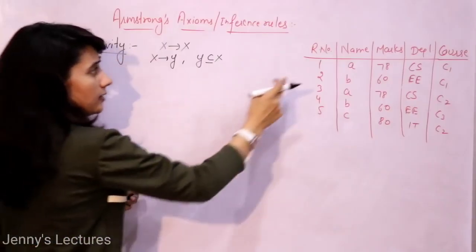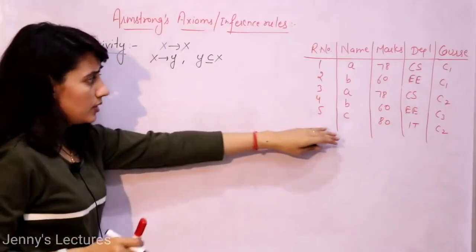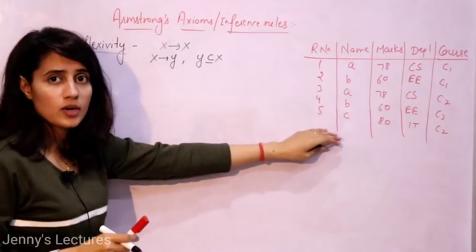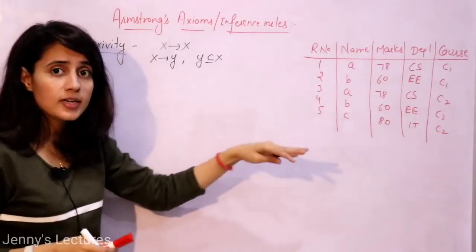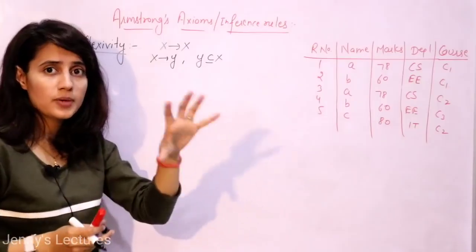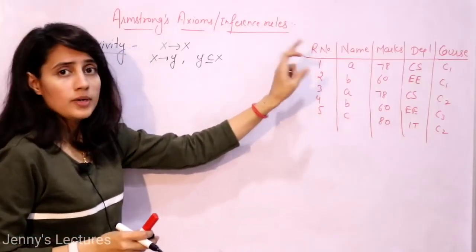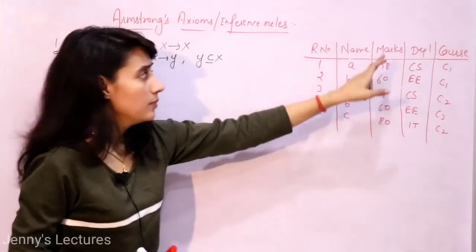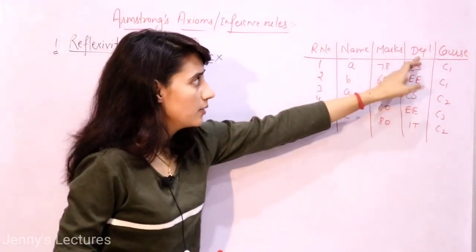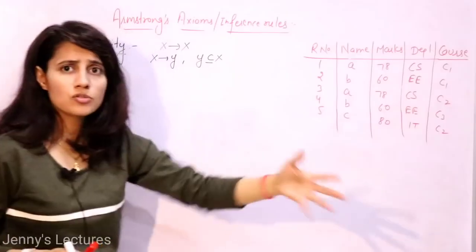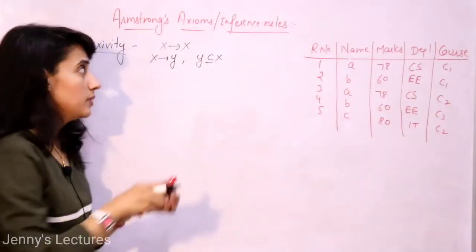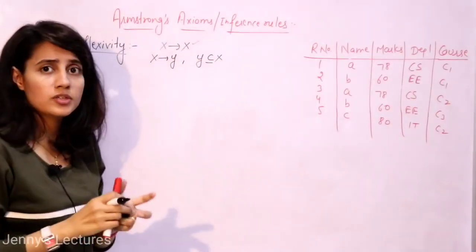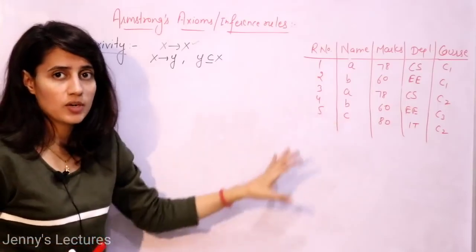So if you are given this table and you are asked for the functional dependencies, then definitely the 5 functional dependencies would be roll number determines roll number, name determines name, marks determines marks, department determines department, and course determines course, right? Meaning X determines Y would definitely be a functional dependency.